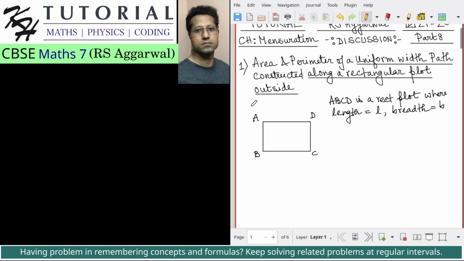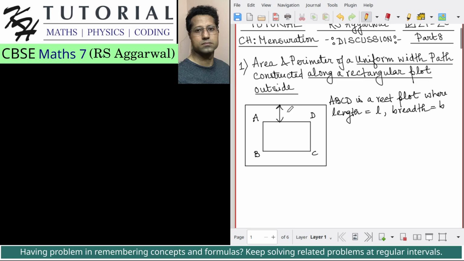Now let's say a path of uniform width is constructed outside this rectangular plot. So the path will look something like this. This is the path, and uniform width means this is the width of the path.